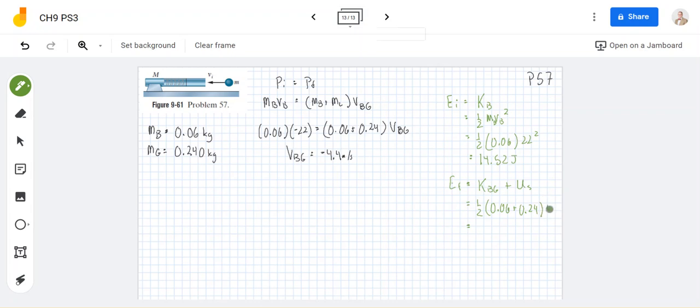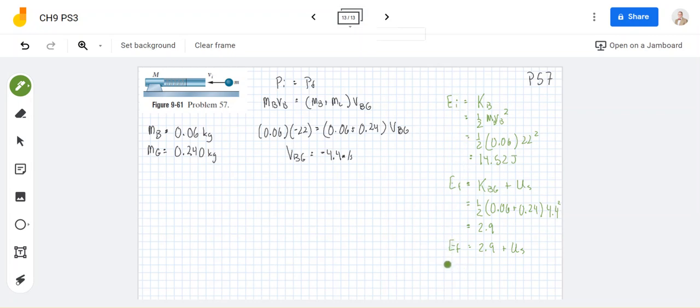So that's just 2.9. So the final energy is equal to 2.9 plus the elastic. And the thing is that if there's no thermal energy, the initial equals the final.